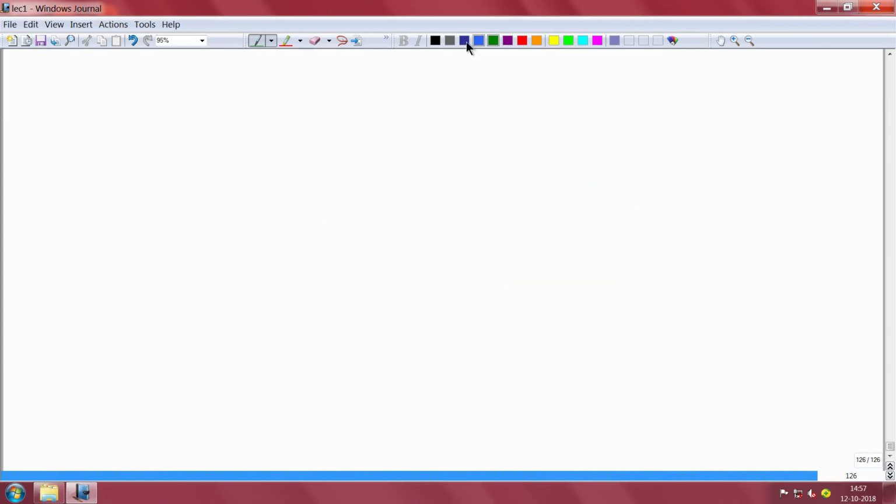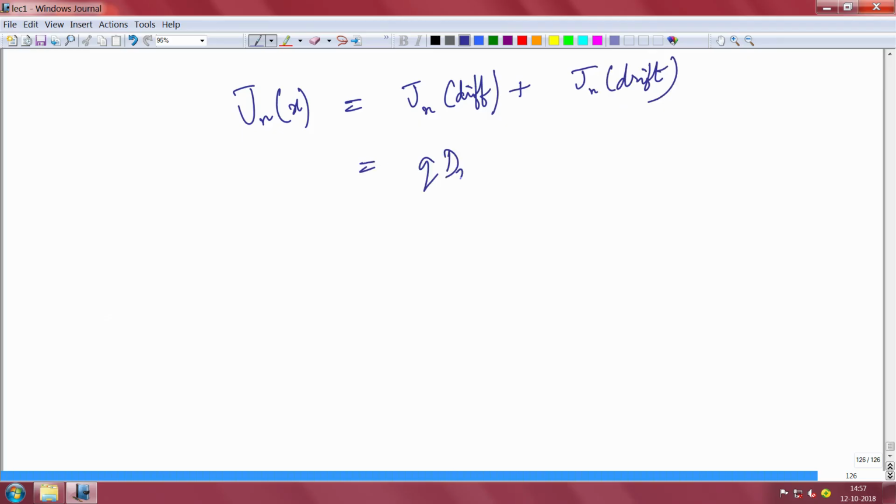Look at the term current, Jn. It has two components of electron current, one is diffusion current, one is drift current. Diffusion current is given by q Dn dn by dx. Drift current is given by q mu n field. Suppose there is no field, then this component goes.